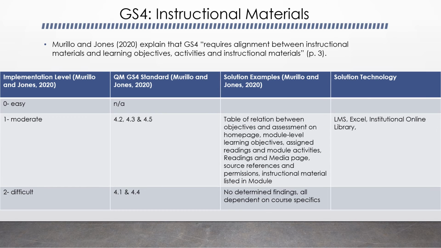For General Standard 4 of Instructional Materials, Murillo and Jones find some of the standards at a moderate implementation level, and the solution examples for those could be to add a table of relation between the objectives and assessment on the home page, module level learning objectives, assigned readings and module activities, and adding instructional material listed in the modules.